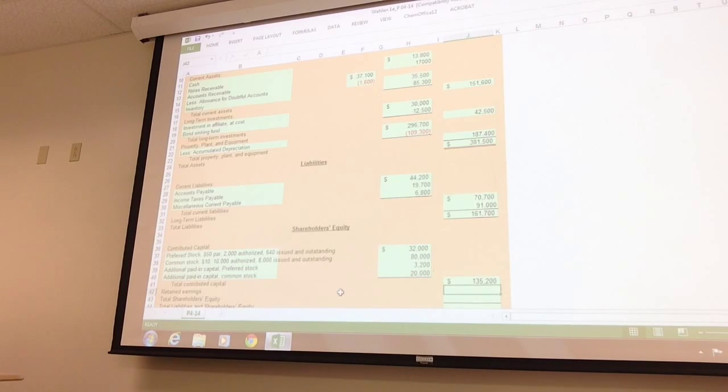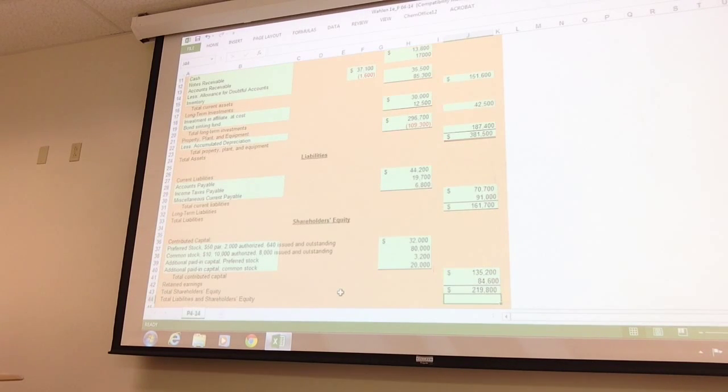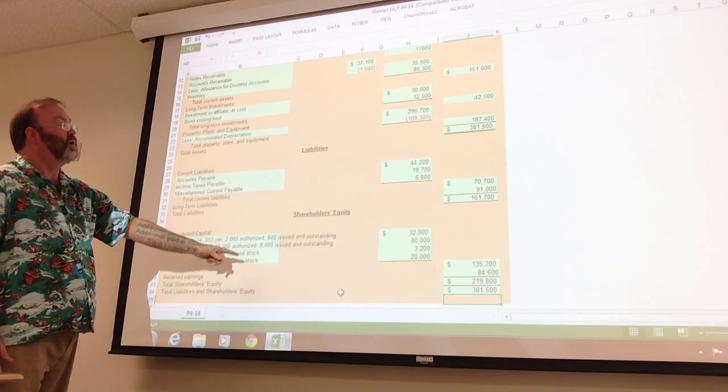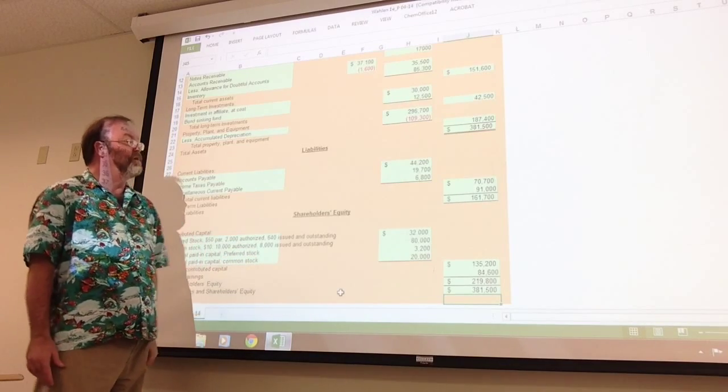So that's 135,200 in total contributed capital. Retained earnings is given to us at 84,600. So total stockholders' equity is 219,700. Total liabilities plus stockholders' equity is then the exact same as we have for total assets, 381,500.